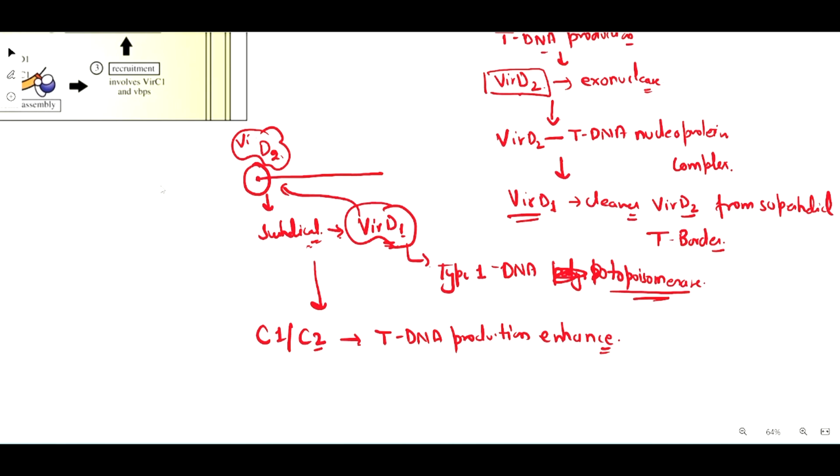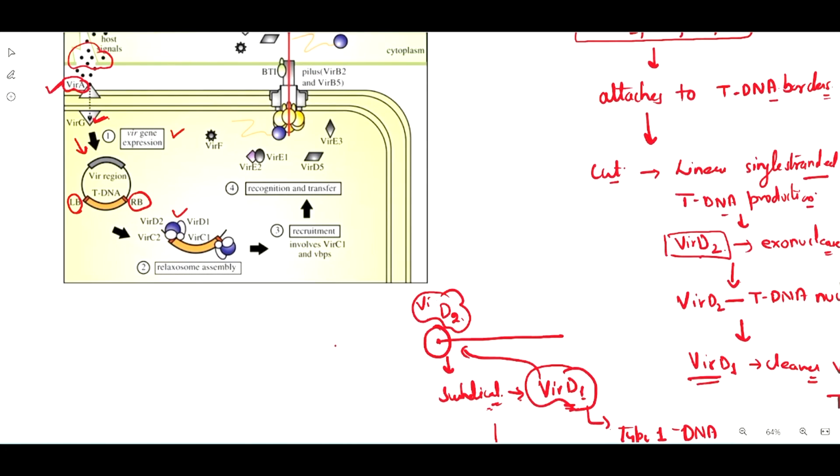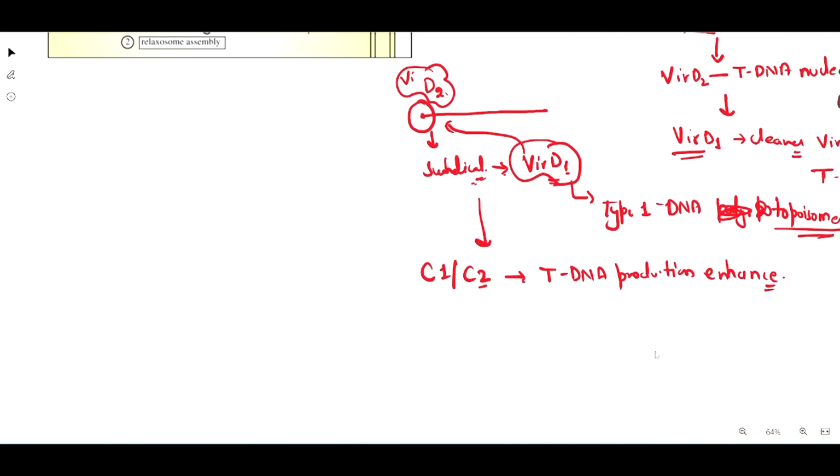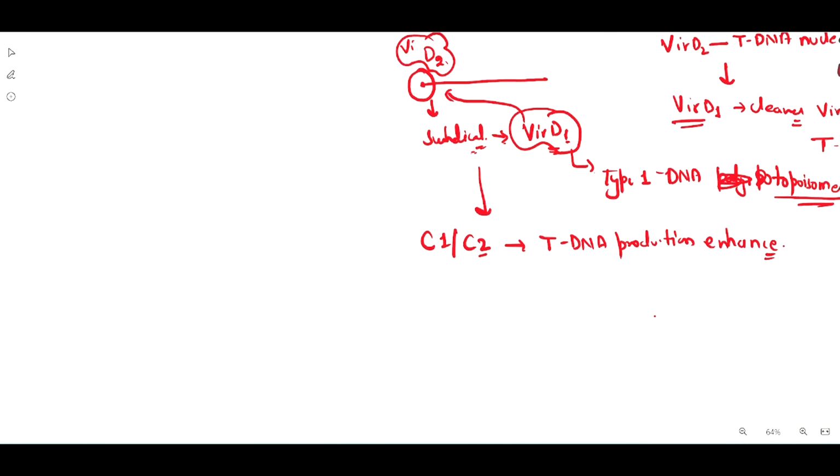So due to this, finally we get a single-stranded tDNA, right? And now this tDNA is then further recognized and transferred into the bacterial cell. So before that, another process needs to happen, that is the adhesion of bacterial cell.